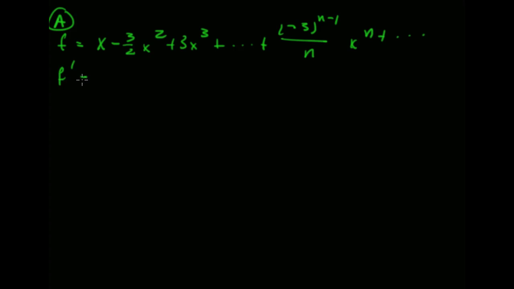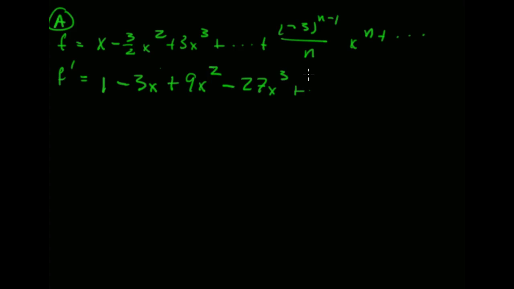So f prime, the first term is 1. The second term is negative 3x. The third term is going to be 9x squared, which if you keep following here, it's not hard to see that the next term is going to be negative 27x cubed.